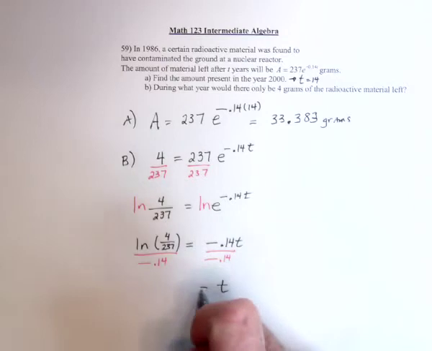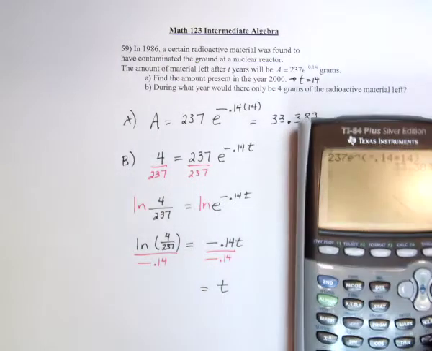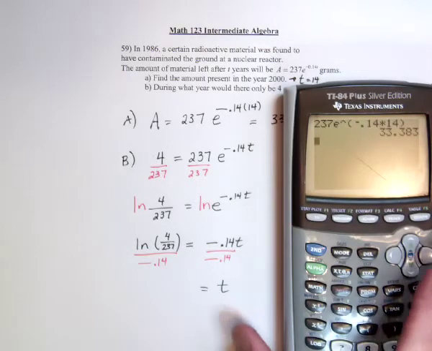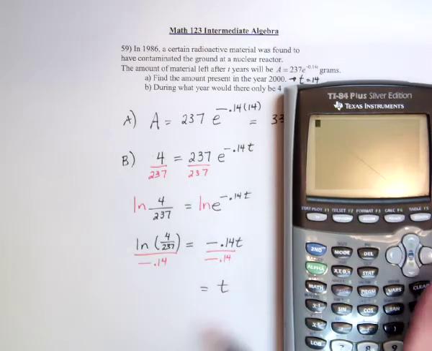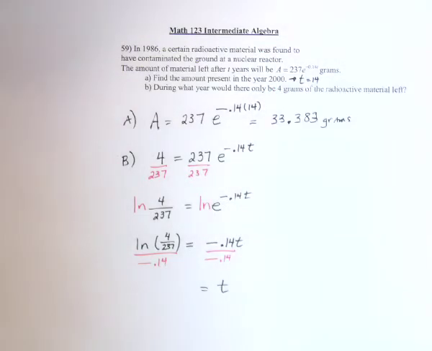And then we've got t equals the natural log of 4 divided by 237, divided by negative 0.14. So that means 29.155 years later.